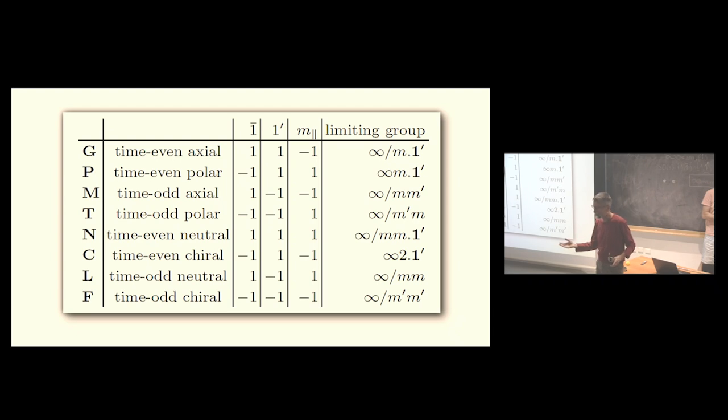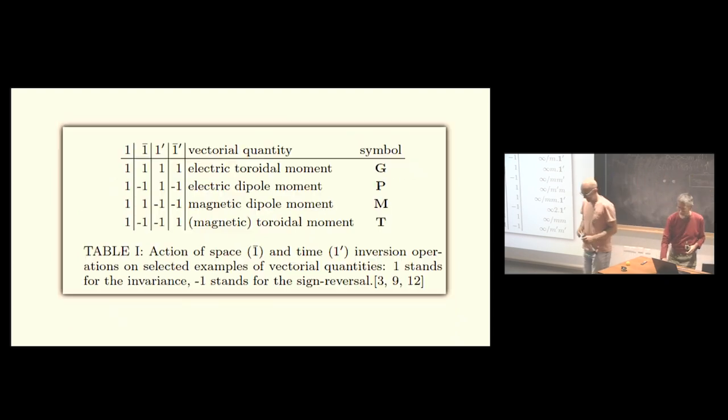If you place it in the empty space, it decreases the symmetry to some subgroup of the one on top. They are listed here, and you can see that all of them are different. So they are really different objects. You can just classify them by the 3 generators: inversion, time reversal, and parallel mirror. Okay? Is it nice? You like it? Okay.